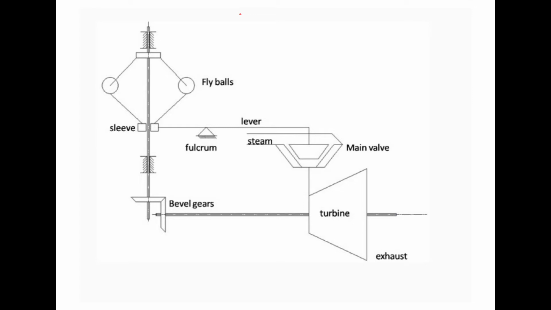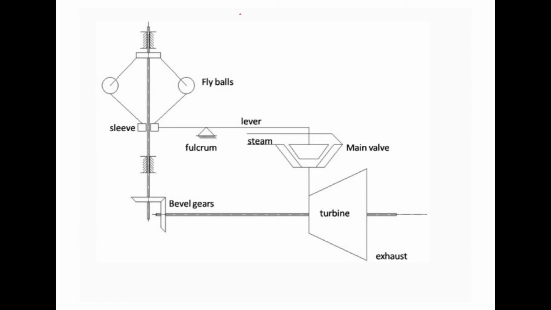In the turbine, the rotary shaft is connected with bevel gears at the end of the shaft. This bevel gear is connected with another bevel gear to control the governing mechanism shaft. Generally both shafts will be at a similar speed.